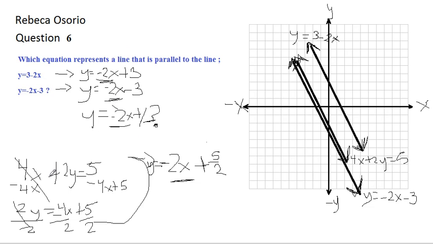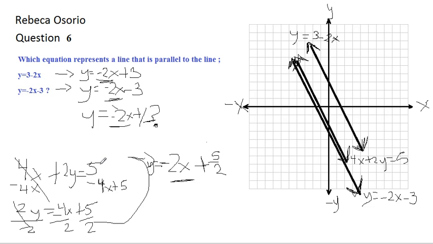So basically here I chose one of the multiple choice choices, and I wrote it out, and as you can see, it's not in slope intercept form, so I converted it to slope intercept form. And what I did was had to get y by itself, so I canceled out the x by subtracting 4x, and then what you do to one side you do to the other.